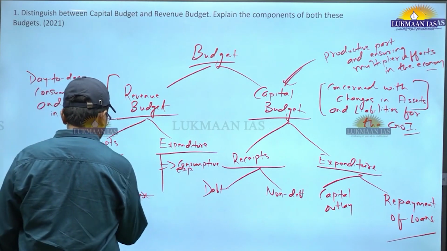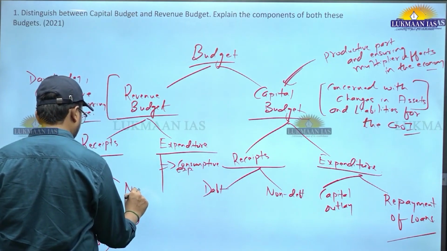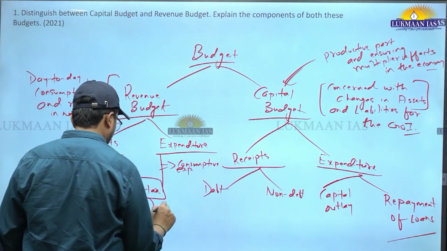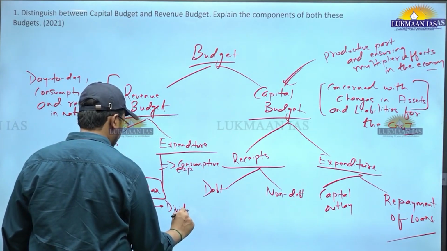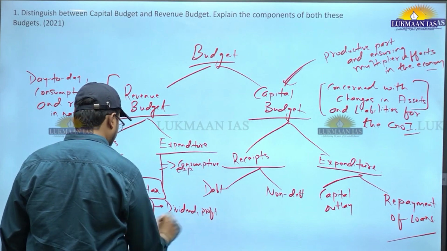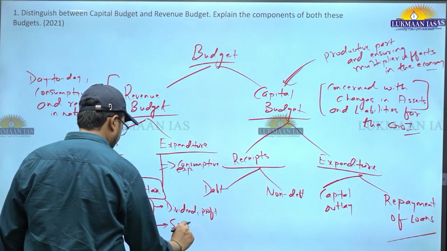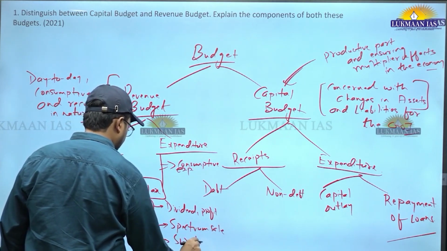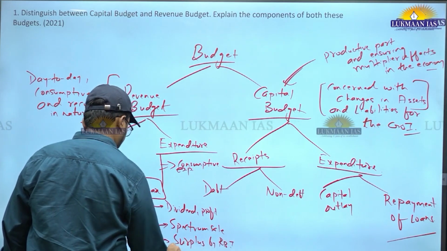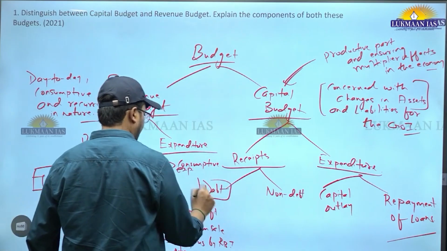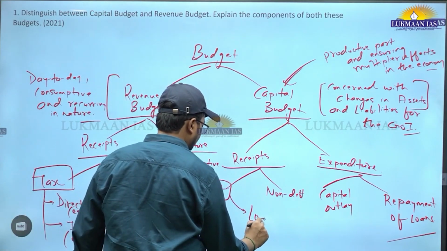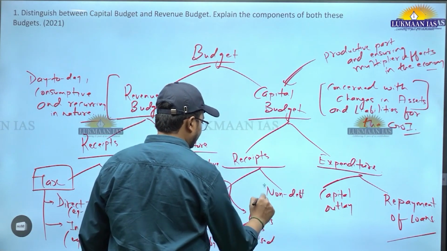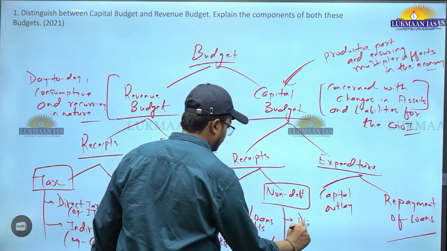In the non-tax revenue, it could be dividend, profit, spectrum sale, surplus by RBI, license fees, etc. In the capital receipts, debt creating includes loans and debts raised, and non-debt creating includes disinvestments.